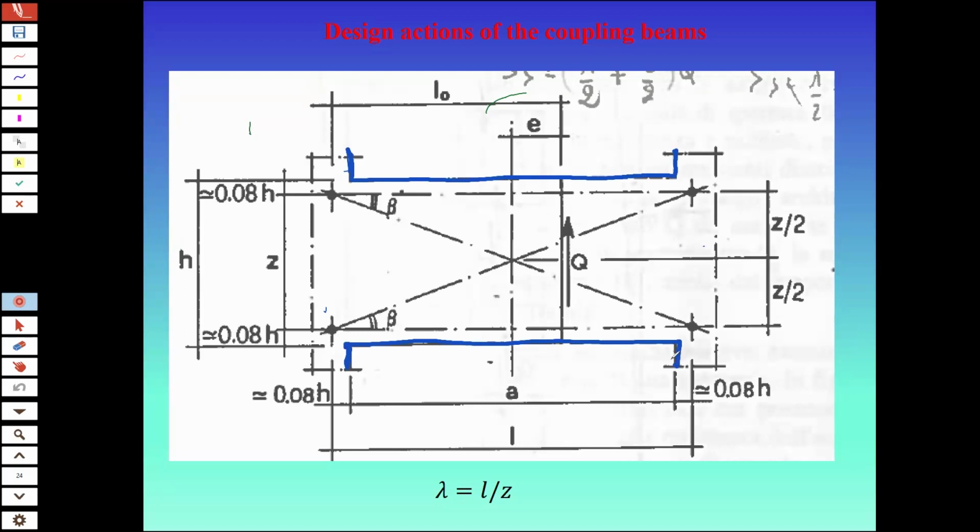And you see the force Q there is put at a generic position. This is the centroid of the coupling beam, put at a generic position E. How do you estimate that E?